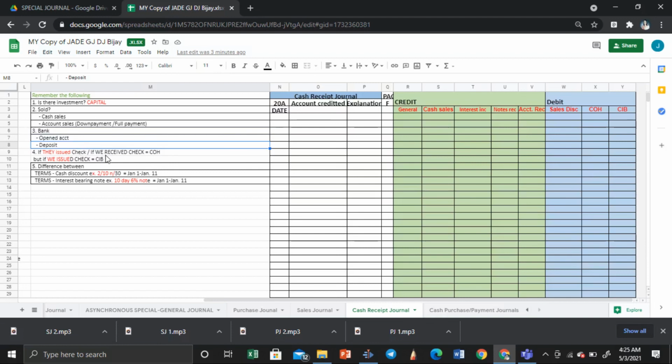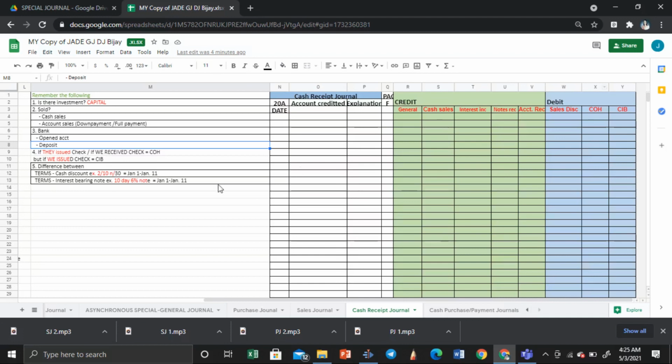Lagi mo rin tatandaan yung if they issued check, ito ay in general, okay? Pwede mo rin tong i-apply kay cash payment journal. Si cash purchase journal kasi, other term sa kanya is cash payment journal. So, kapag sila yung nagbayad sa atin through check, cash on hand pa rin natin siya i-record.